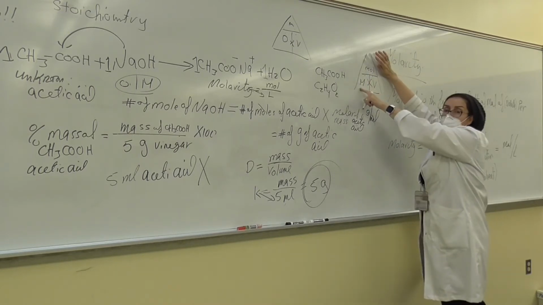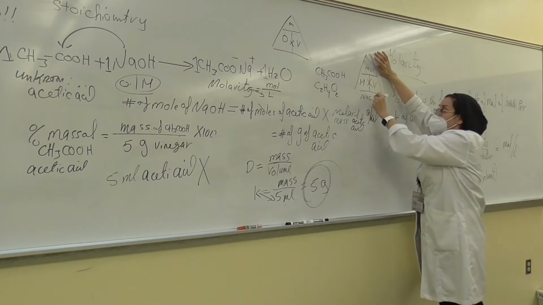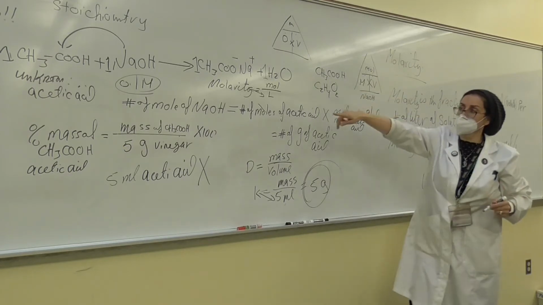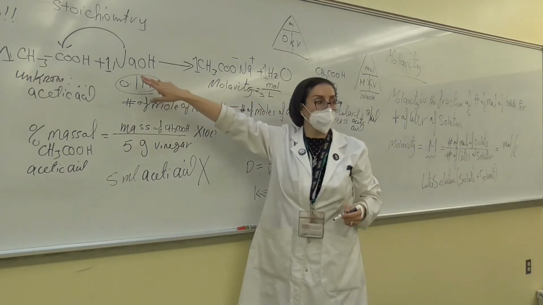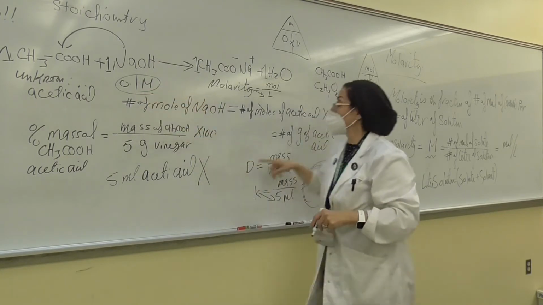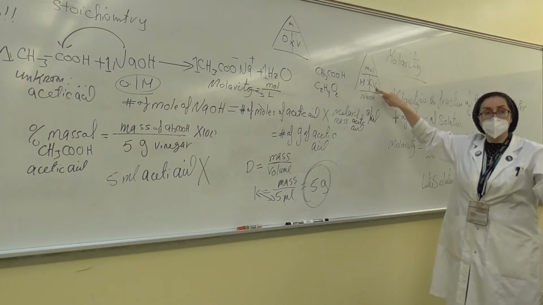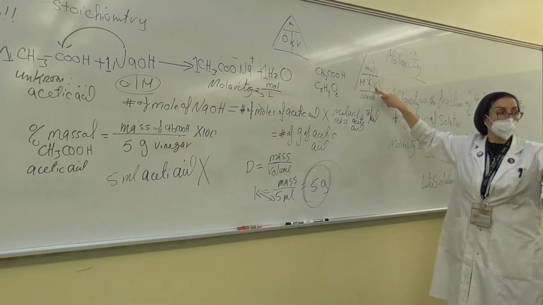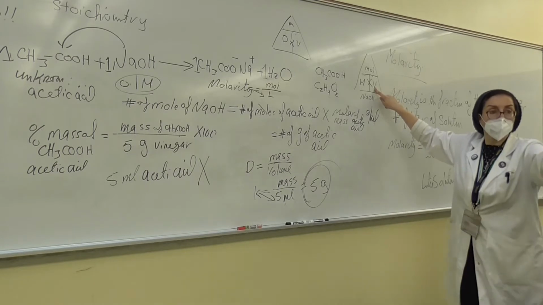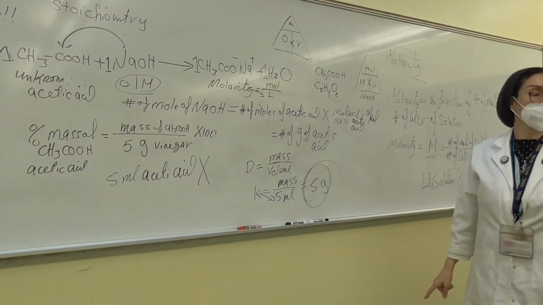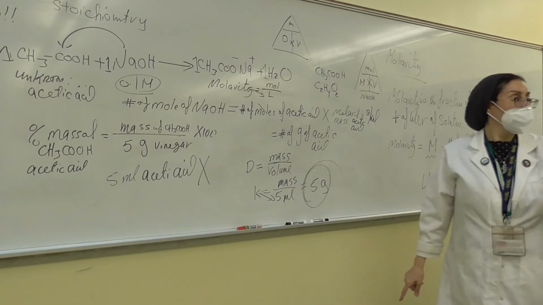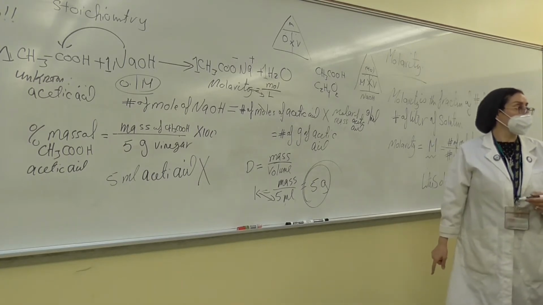Do we have molarity of NaOH? This is the molar, that's the concentration of NaOH. We do have it. Are we going to be able to find how many of sodium hydroxide dispensed? Are we or we are not? How many ml we are going to dispense from this burette, right?